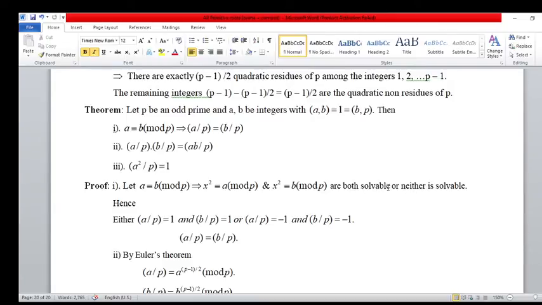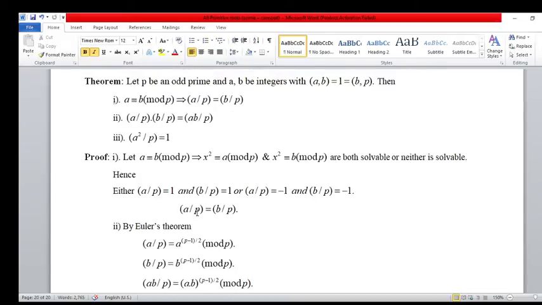Hence either (a upon p) is equal to 1 and (b upon p) is equal to 1, or (a upon p) is equal to minus 1 and (b upon p) is equal to minus 1. Both results show (a upon p) is equal to (b upon p). So the first result is proved here.